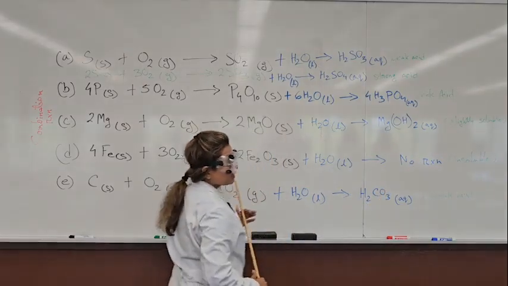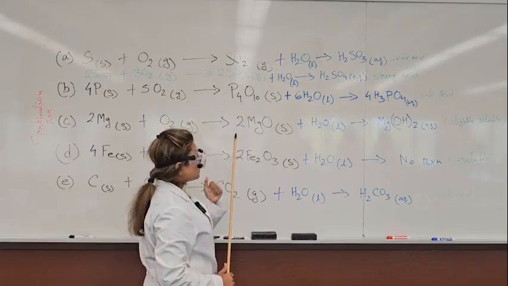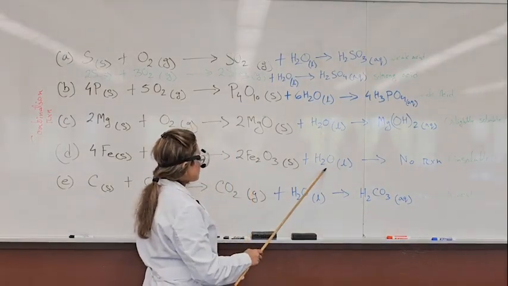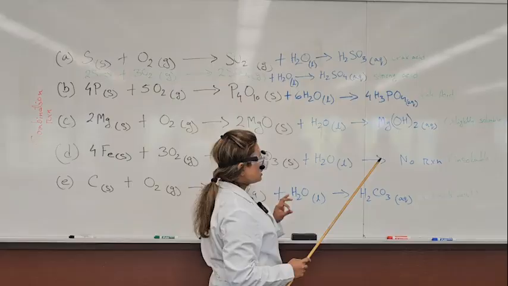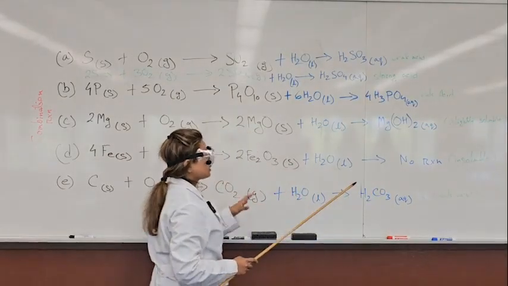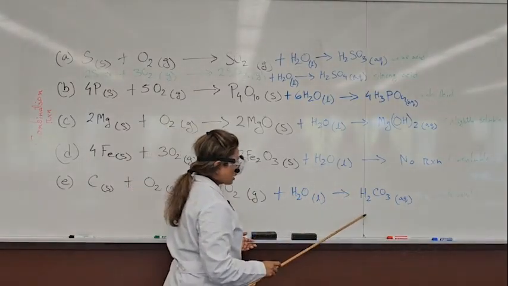So you can see a little bit of solid. Iron(III) oxide with the water: there is no reaction, because the iron oxide is solid and it's not soluble in the water. Carbon dioxide with the water produces carbonic acid.